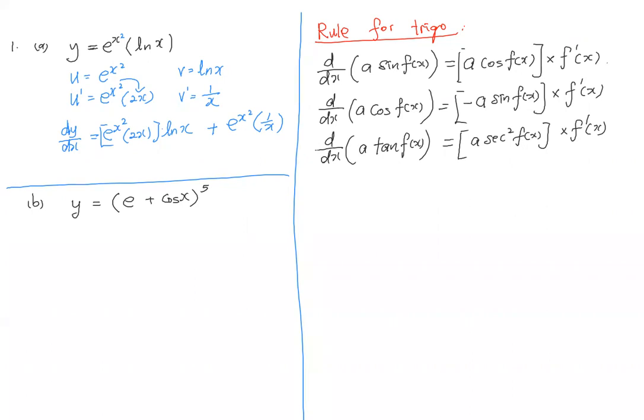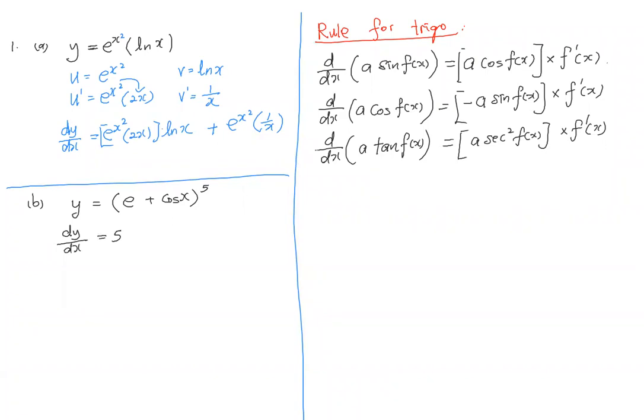So to find the derivative, the rate of change of B, what rule must we use? Kelvin, what rule must we use? Chain rule. Okay, can you give me the answer? Bring down the power.